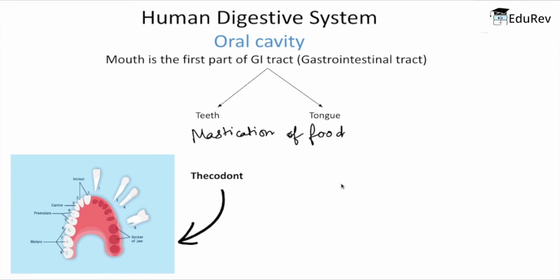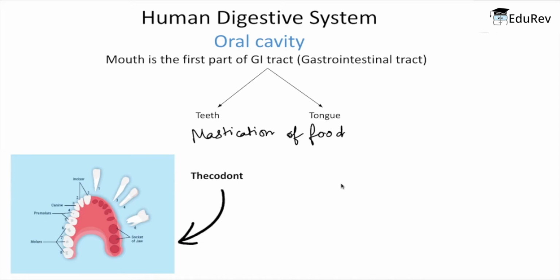Interestingly, most mammals, including us human beings, have two sets of teeth during their lifetime. The first is the temporary teeth, which are generally present in a child, and when that child grows into an adult, those temporary teeth are replaced by permanent teeth.